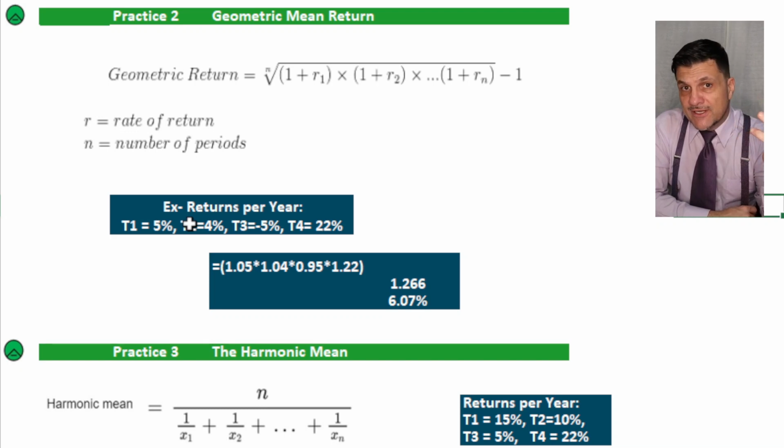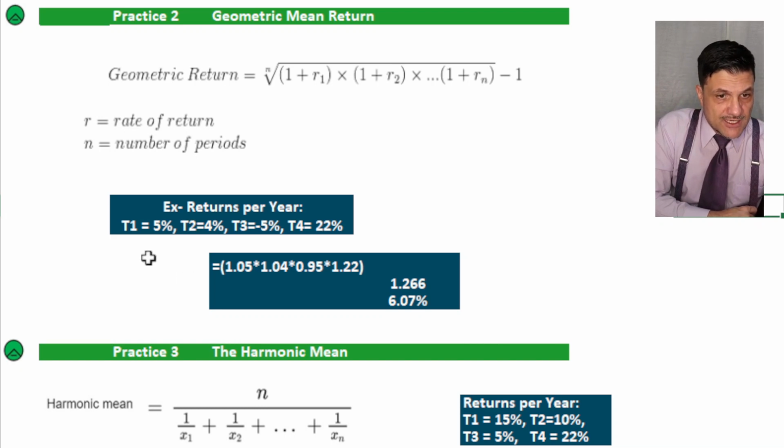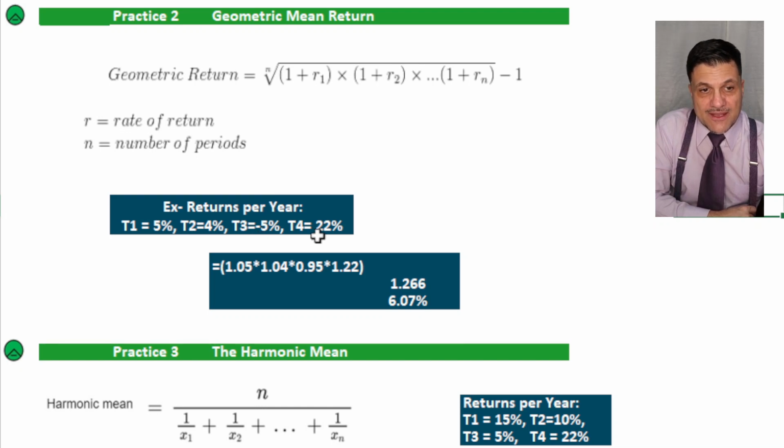So if the return is negative, it's 1 minus that return. If it's positive, it's 1 plus that return. All right? So take a look at the numbers that I have here. I have 5% at T1, 4% at T2 in my example, negative 5% at T3, and a 22% return at T4. What is the average return?